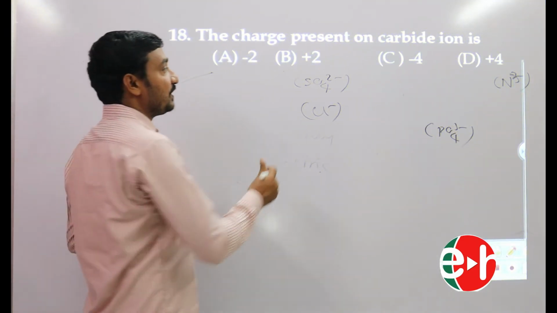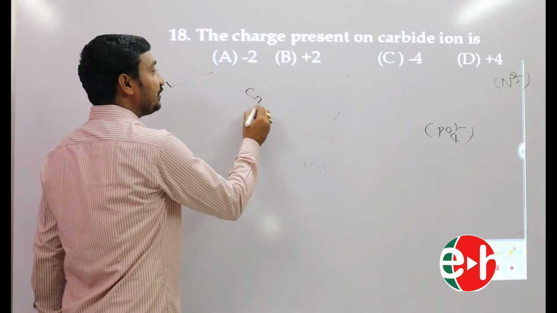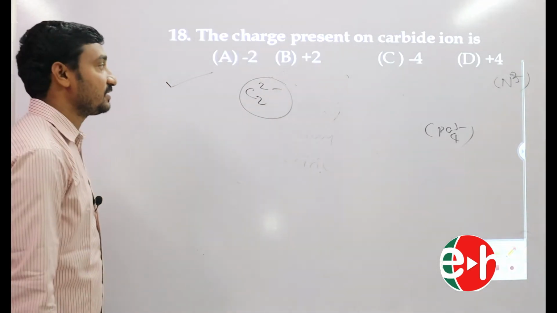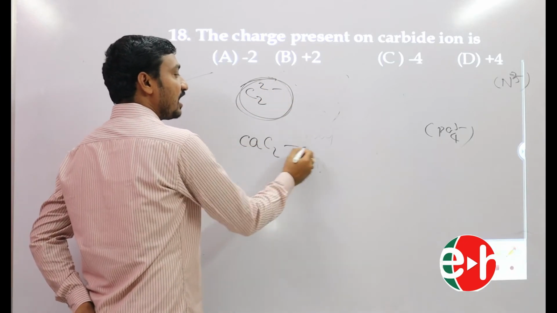The charge present on carbide ion. Carbide ion is C2 minus. This is the carbide ion. Example, calcium carbide.